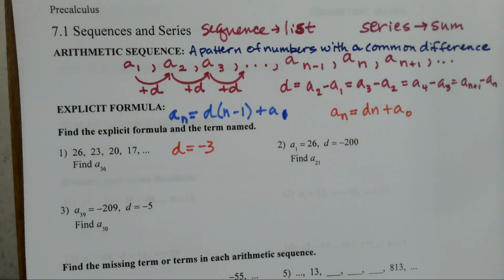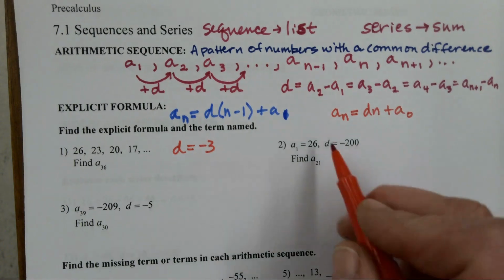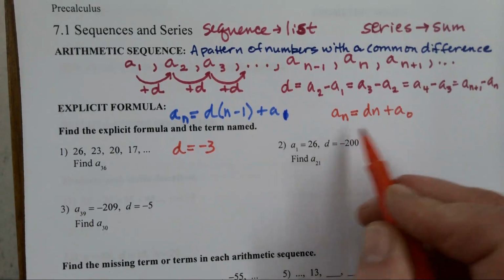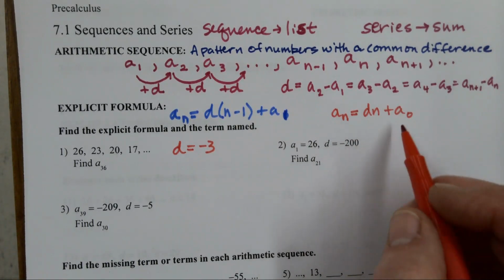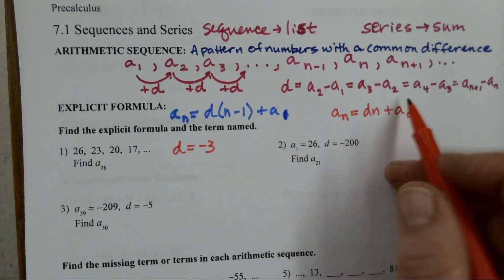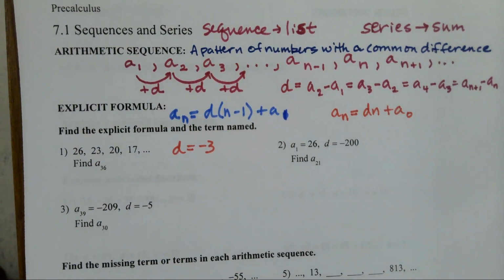Now, if I'm going to use this first variation to write my formula, I am going to have to simplify it. And a lot of people forget that they have to do that. So I usually use this second variation to find my formula. I think it gets the job done quicker and more efficiently. The only problem is I need to find a sub 0, and a sub 0 is the 0th term, meaning it doesn't even exist in this problem.